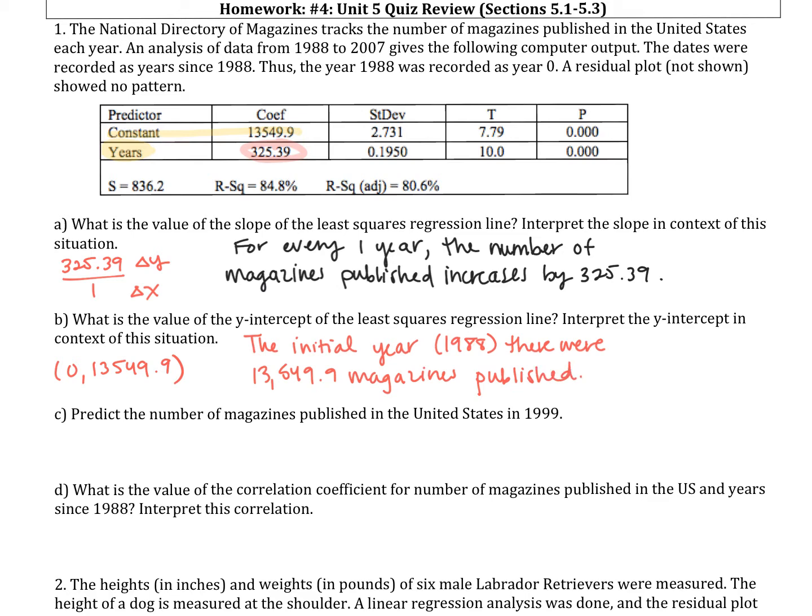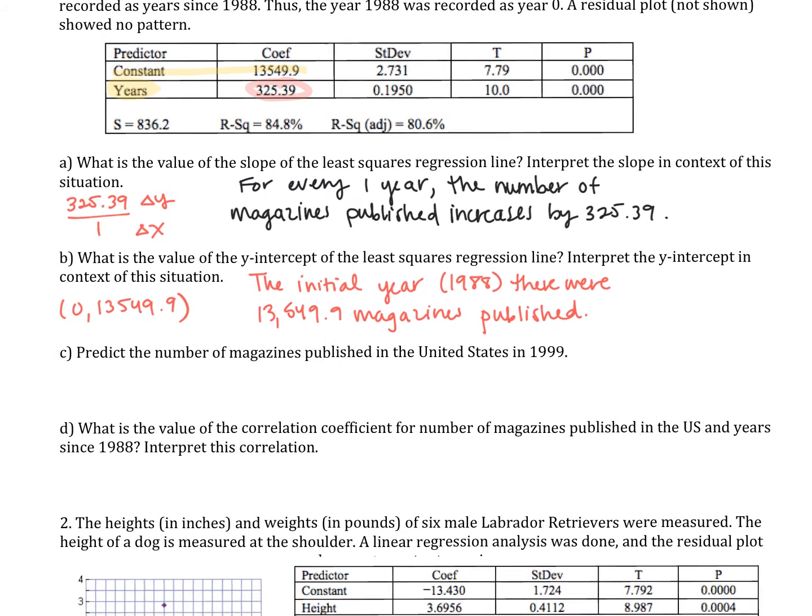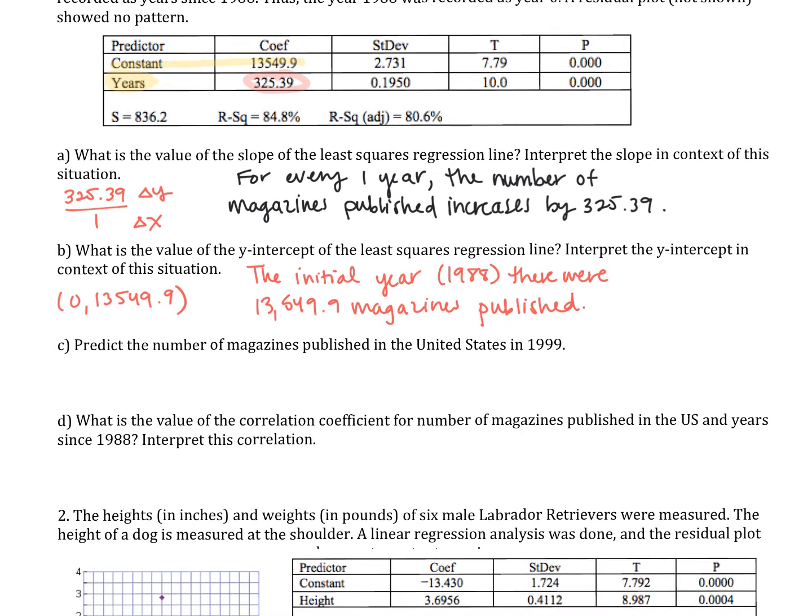All right, down here it says predict the number of magazines published in the United States in 1999. Okay, well, in order to do that, we need to get our least squares regression line. It has not asked us for that yet, but we have all the elements. Y hat equals 325.39 x plus 13,549.9.